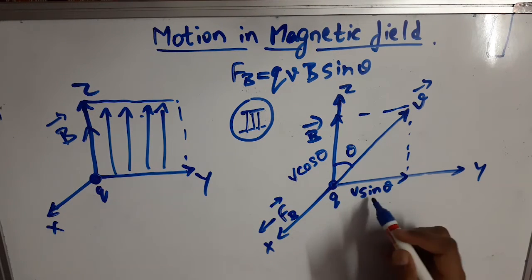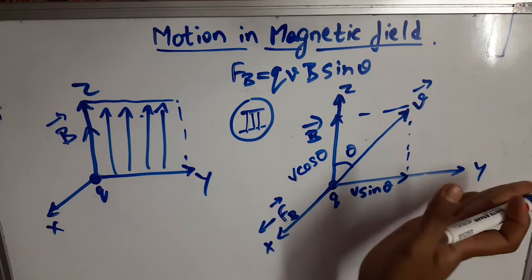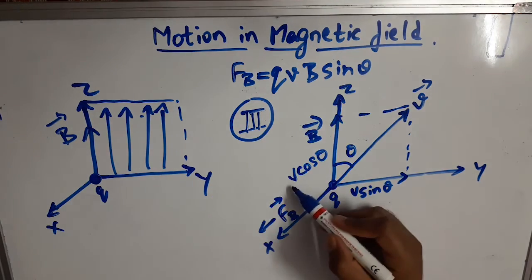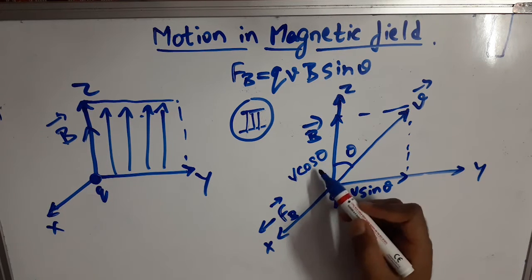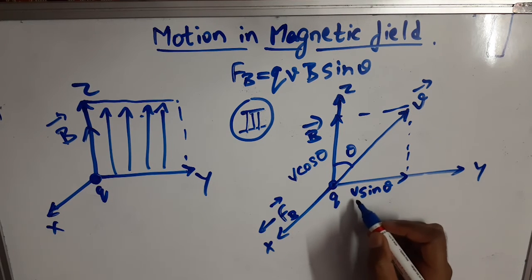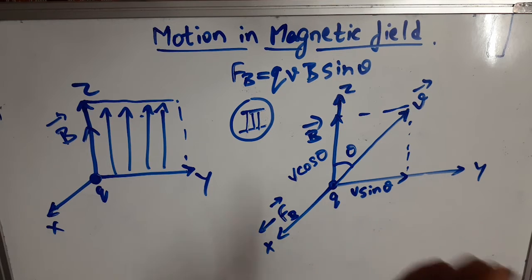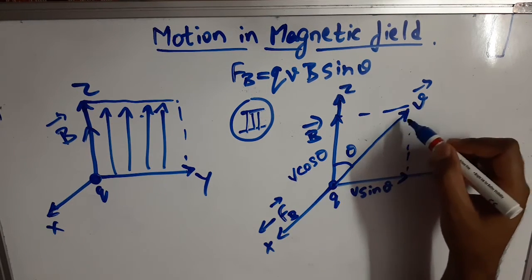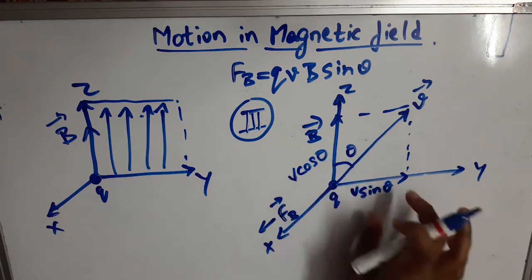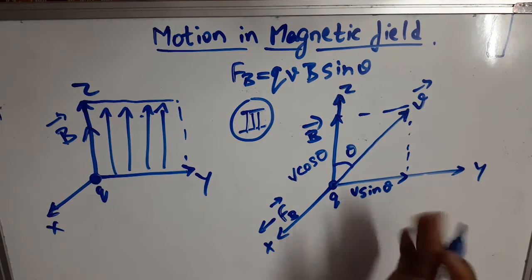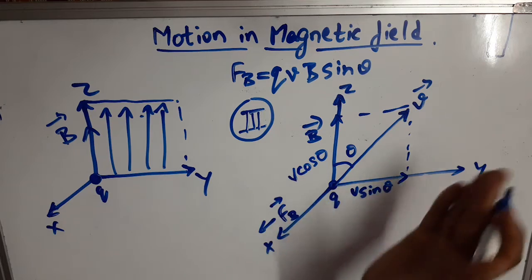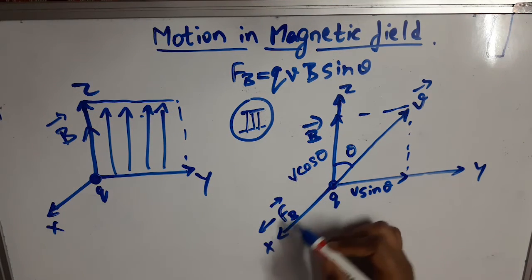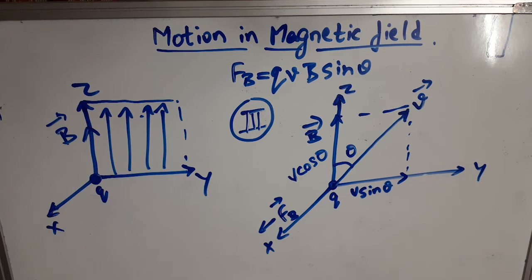One is v sin theta in this direction, one is v cos theta in this direction. Again remember, these are nothing but velocities, and the only thing is they are acting in particular directions. When we resolve the vector, this vector vanishes and we get these two vectors. So there are three forces acting here: v sin theta in this direction, v cos theta in the z-axis direction, and the magnetic Lorentz force in the x-axis direction.